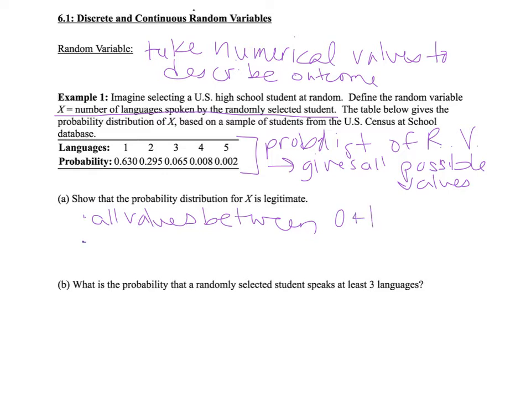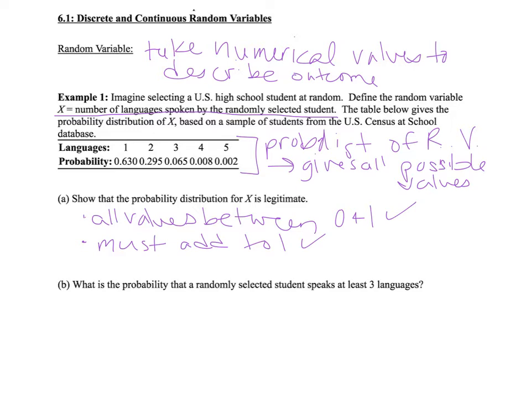The second is that all of the possible outcomes must add up to 1. You can check that on your own by tossing them in your calculator, and you will find that they do add up to 1. So that one checks out too, and it is a legitimate probability distribution.